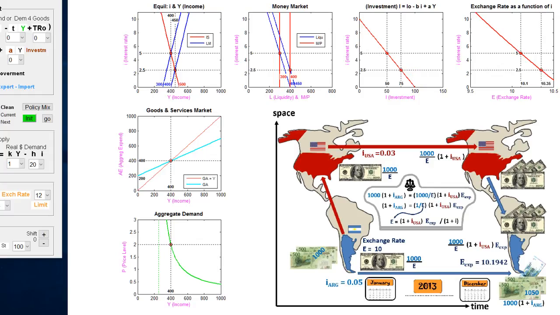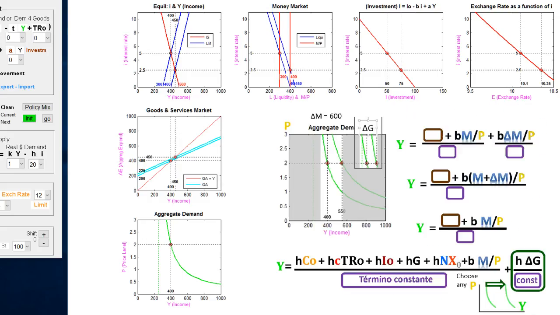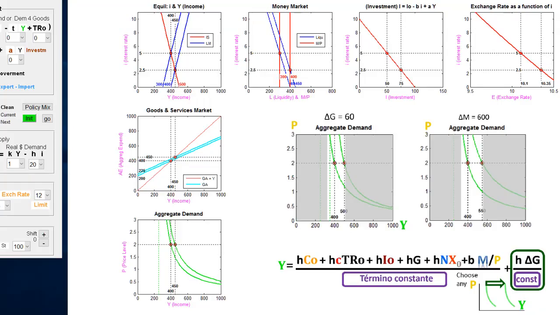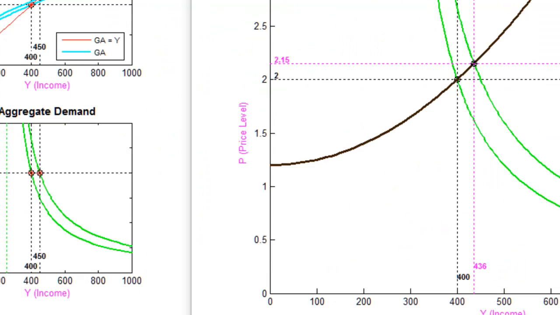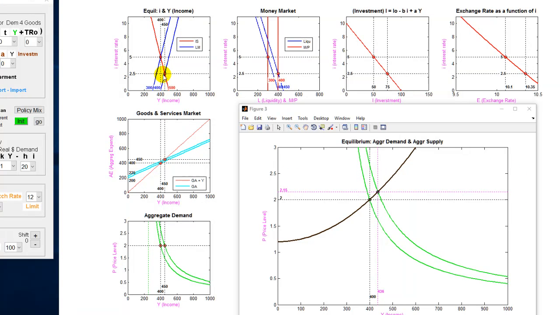And then finally you can understand why if the price is constant, you go from this point to this point, that here it will be from this point to this point. But as the price level increases, then this price level produces a kind of bounce of these curves.